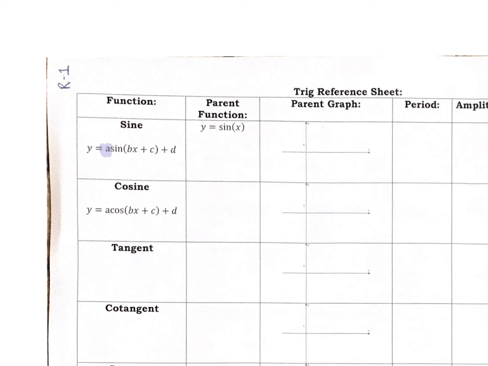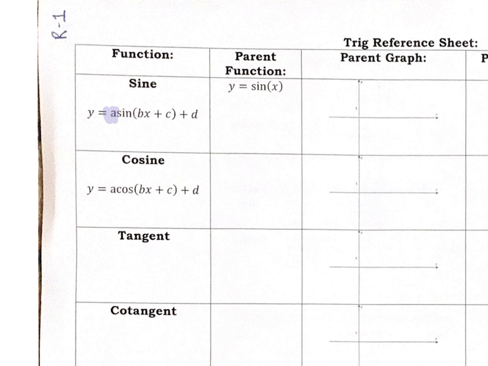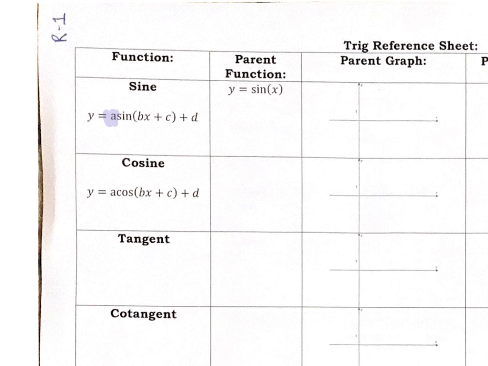Okay. So we know the parent function. We know that's y equals sine of x. We know that it starts at the origin. It starts at 0, 0. Whereas the y equals cosine starts at 0, comma a. Right? So sine starts at the origin, 0, 0.